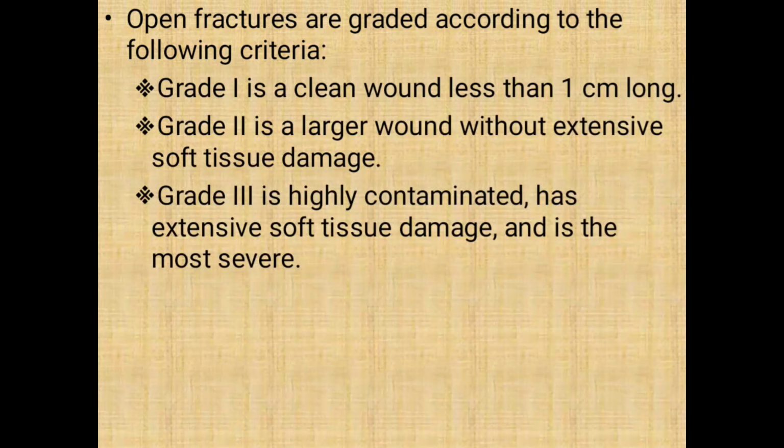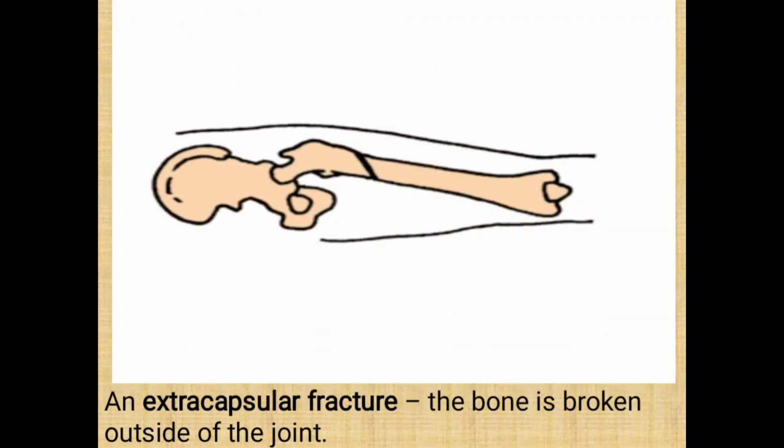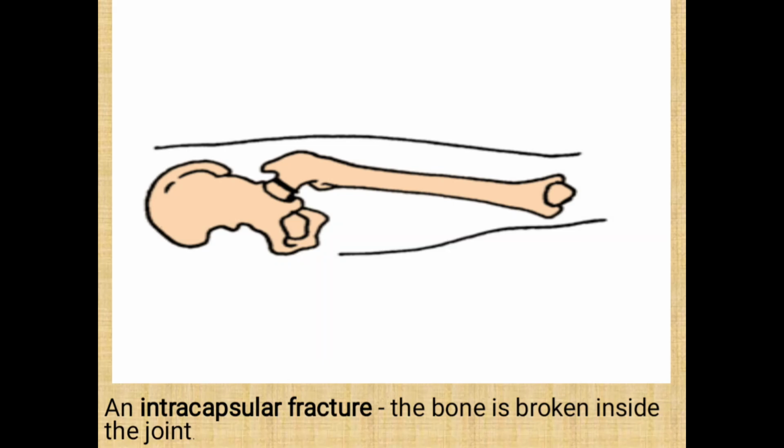Grade 2 is a large wound without extensive soft tissue damage. Grade 3 is highly contaminated, with extensive damage to soft tissue, and is the most severe. We have an extracapsular fracture, where the bone is broken outside of the joint. Intracapsular is broken inside the joint.